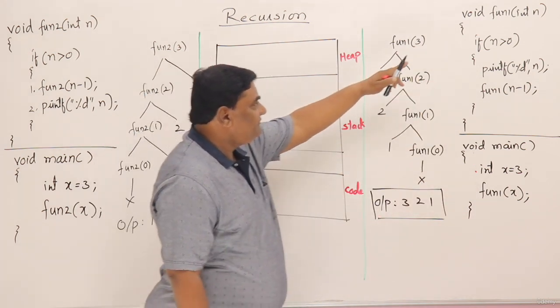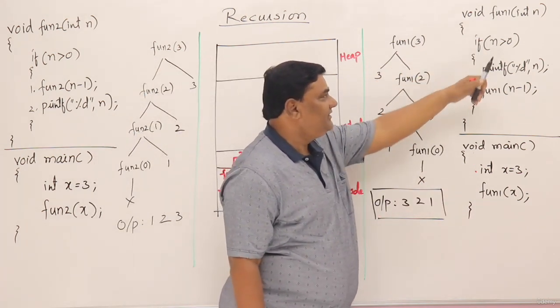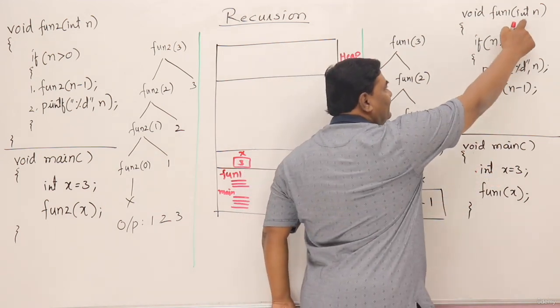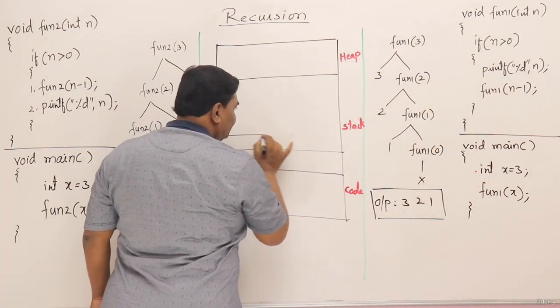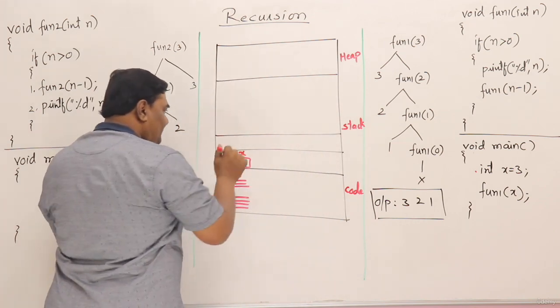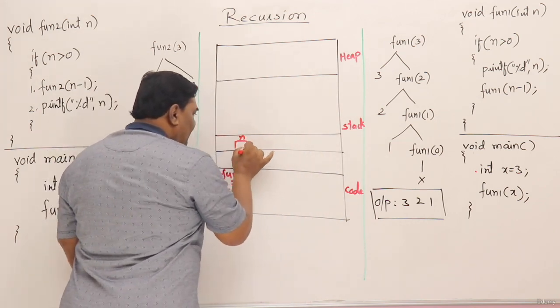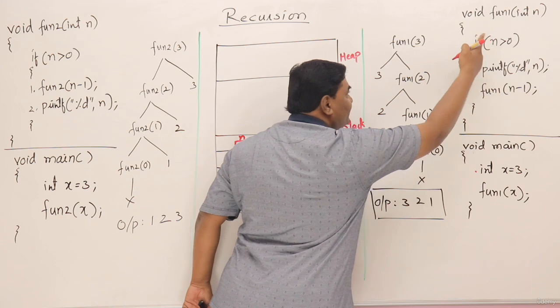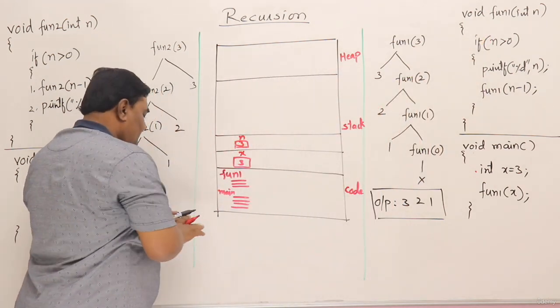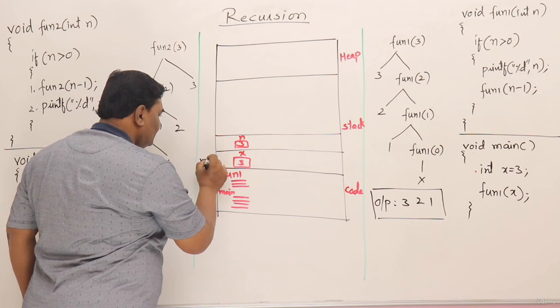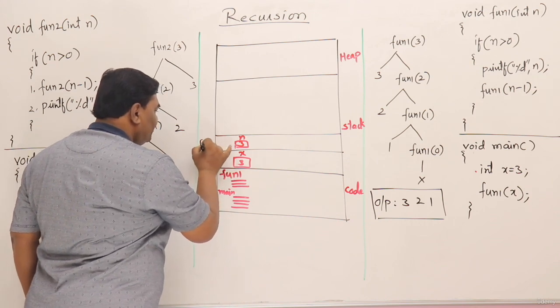So once the function fun1 is called, it is having just one variable, that is n. This is the only variable. So activation record for that fun1 is created, and it will have that variable n, and this value X is passed to that one. So it will be 3. So this is for main and this is for fun1.